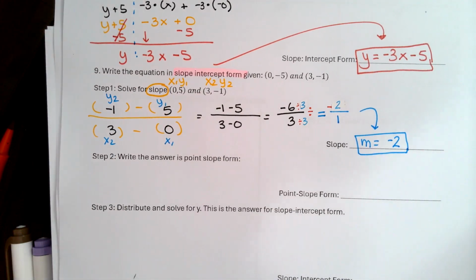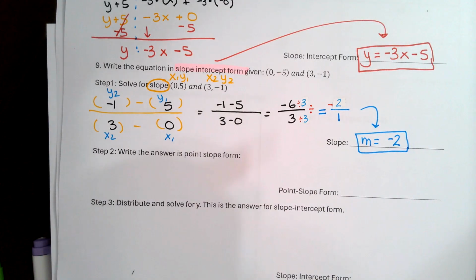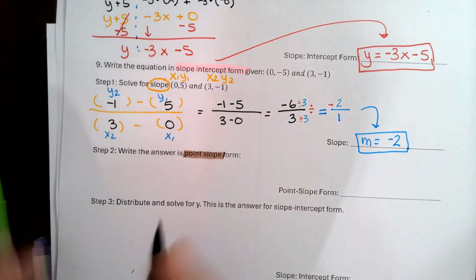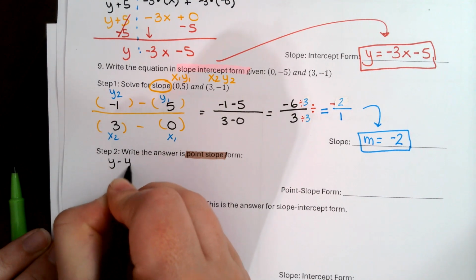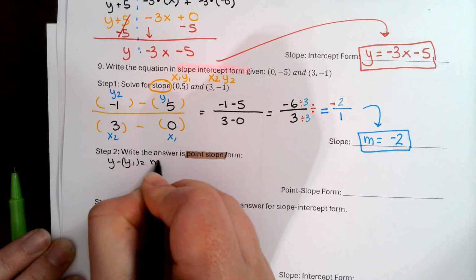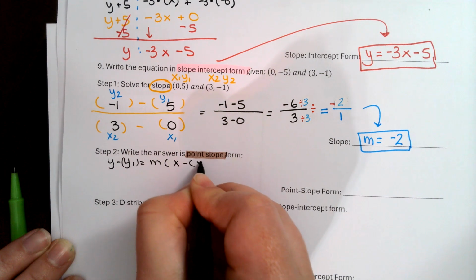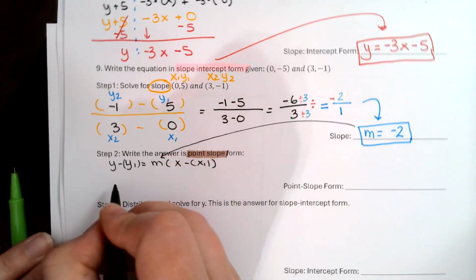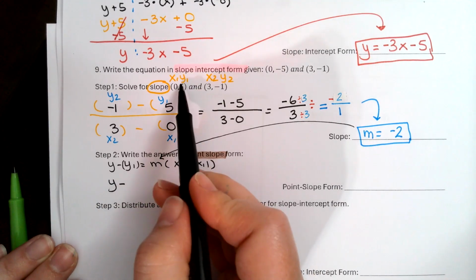Again, we're writing our point slope form. So remember the difference between a point slope form versus slope intercept. It's a different formula. Point slope form, y minus y1 equals m open x minus x1. Remember your slope is your m value. We get y minus y1 was 5.